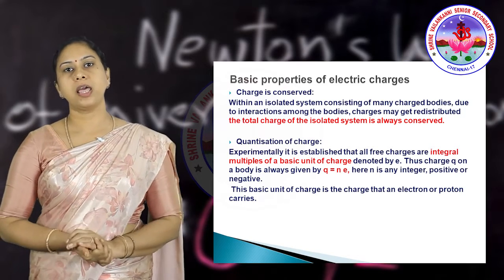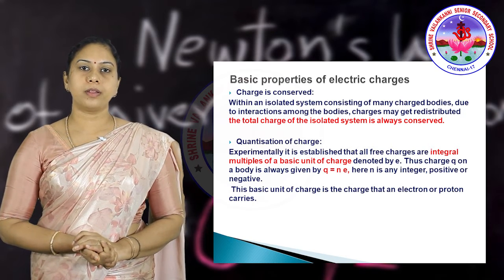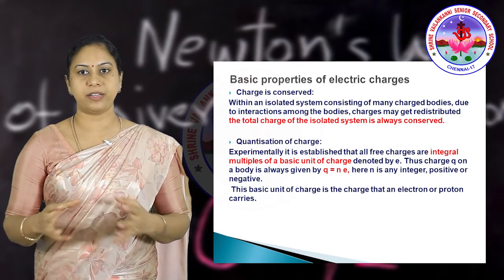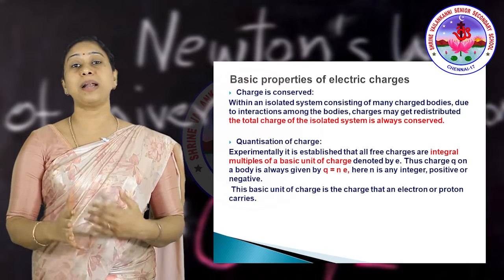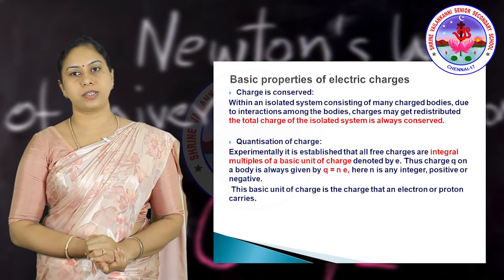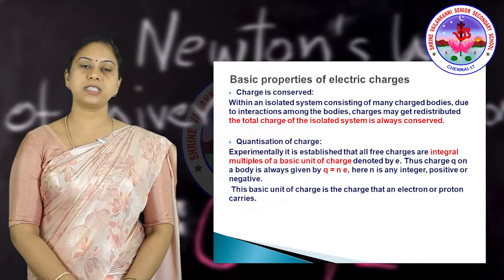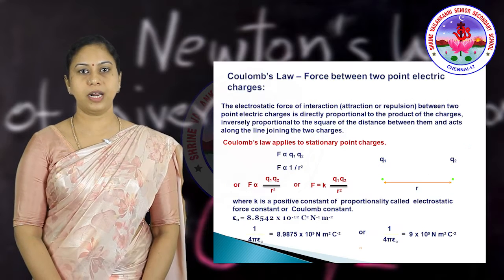Quantization of charge is the third property. It is established experimentally that free charges are integral multiples of the basic unit of charge. So we can say Q equals Ne. So these are the three basic properties of charges, right?